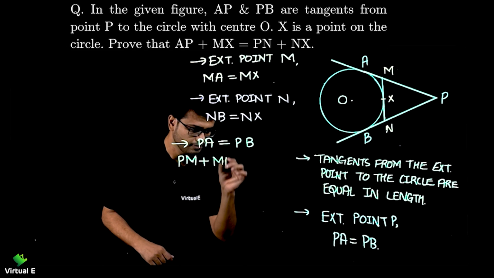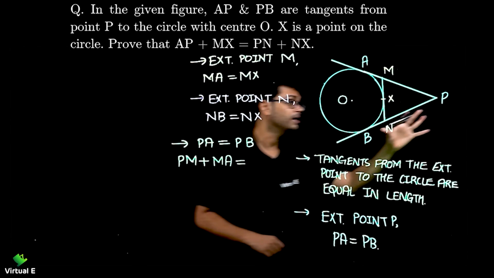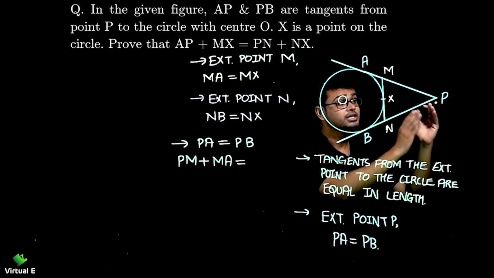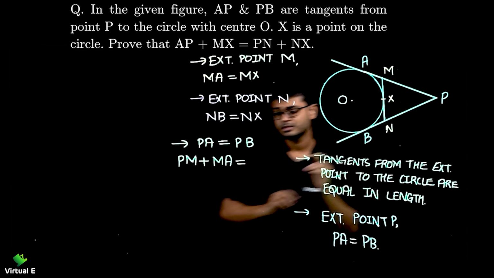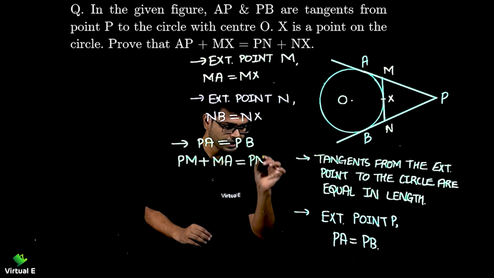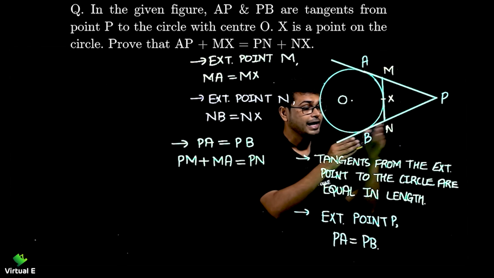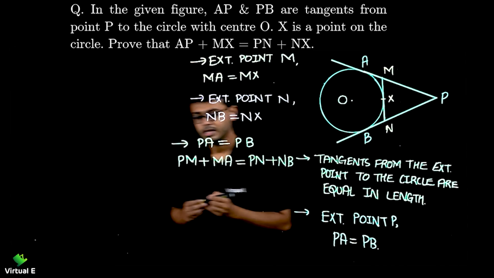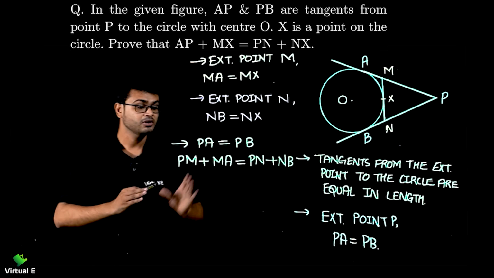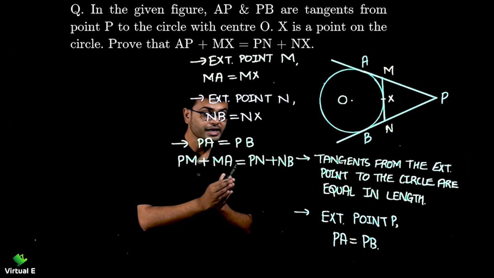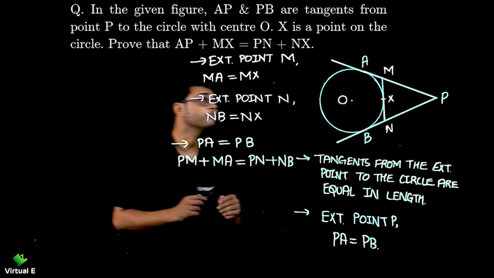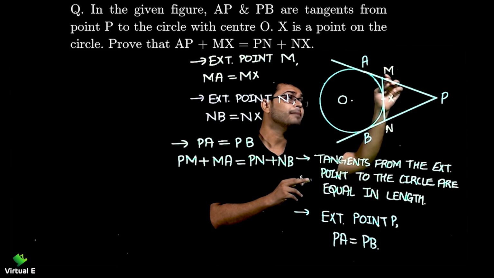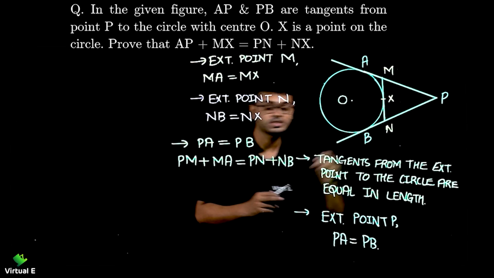So PM plus MA is equal to PB, and instead of this, I will write two different lengths, PN and NB, so PN plus NB. Understand this very clearly, because this is where we are going to get our answer. This is the turning point. PA can be written in the form of two different lengths, PM plus MA and PN plus NB.